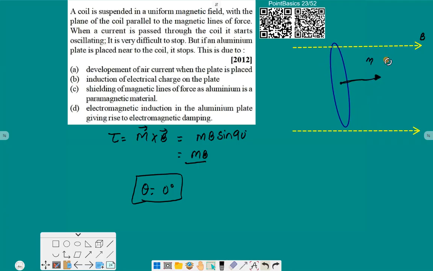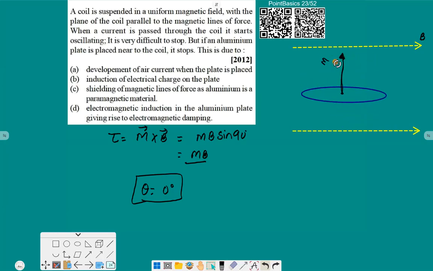Now as it reaches the equilibrium position, at this position the coil still has rotational inertia. So what will it do? It will slightly overshoot the original condition, and then there will be an opposite torque acting on that loop, because it again wants to restore it to the 0 degree angle.